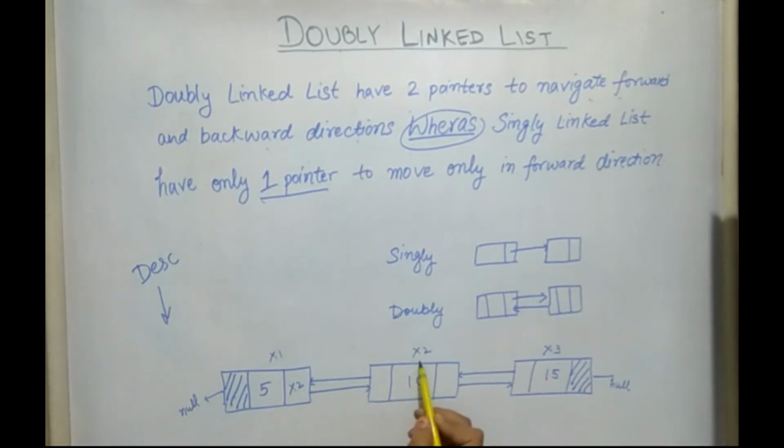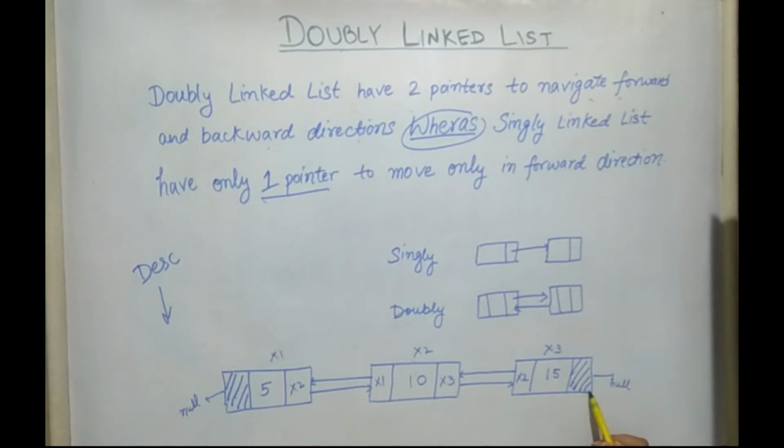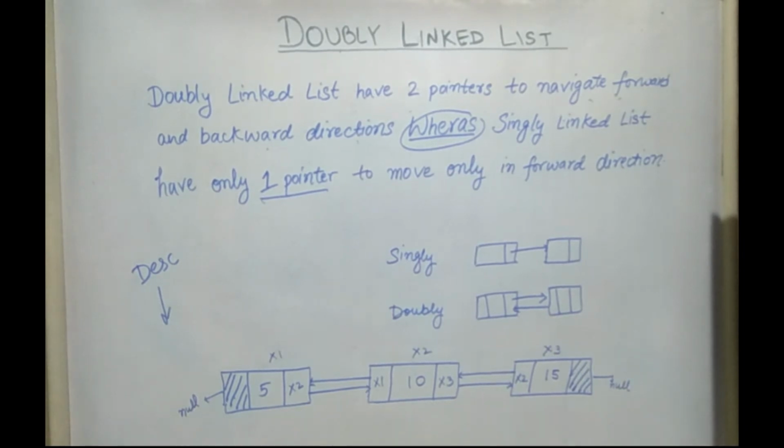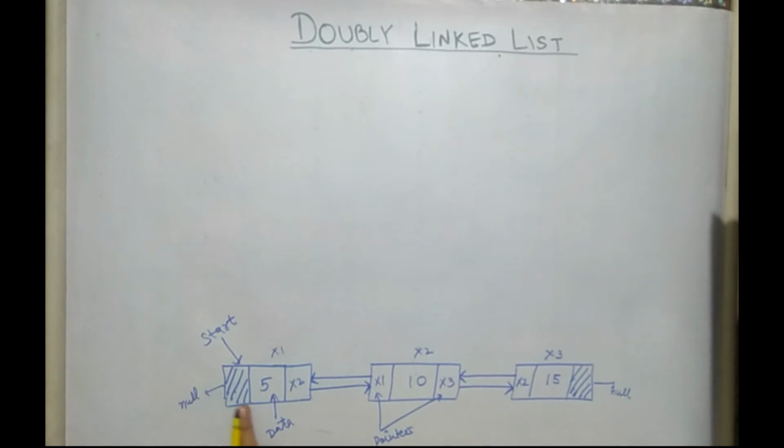X2 is the address of the next node, X1 is the previous node, and for this we have X3 as the next node, and for the third node we have X2 as the previous node and null as its next. This is our head node or start.